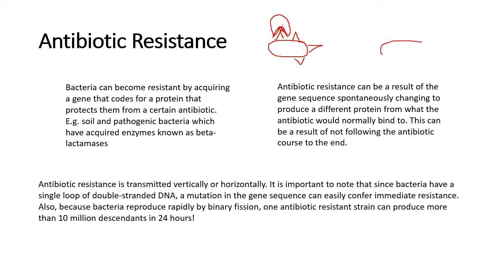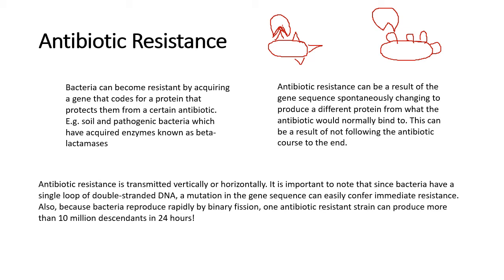But now let's say something happens within this bacteria and its sequence changes. And now instead of coding for spikes, it is coding for semicircles, or let's just say it's coding for a different type of receptor on the surface. It means that when this antibiotic that normally functions against the bacteria comes here, it is unable to bind to the surface of the bacteria, which then means it is unable to act.